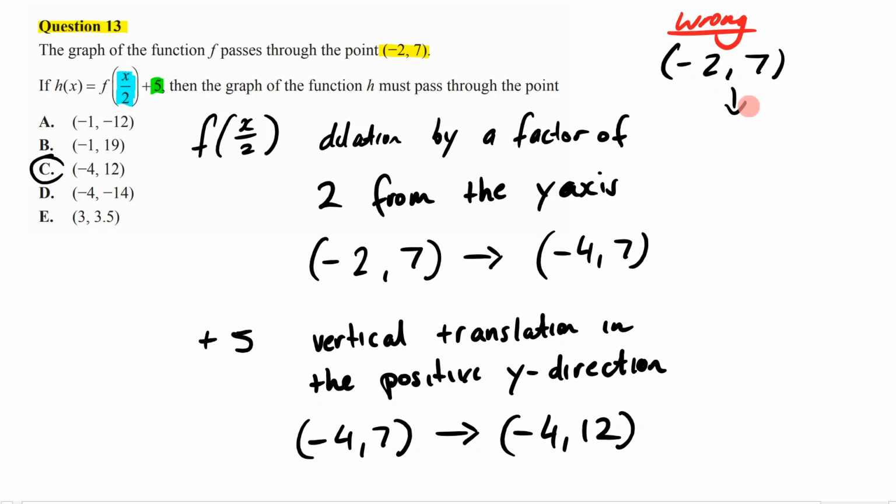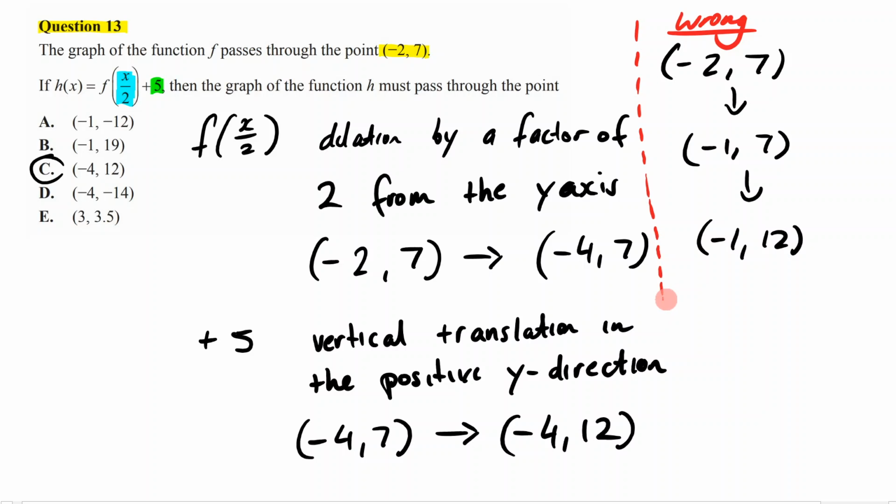Then they would have known this is just a vertical translation up, so that would have been 12. So I think this is the most common incorrect answer people would have arrived at. Let me section this off so you know it's not the actual answer.